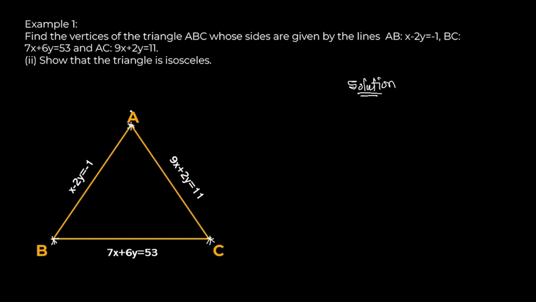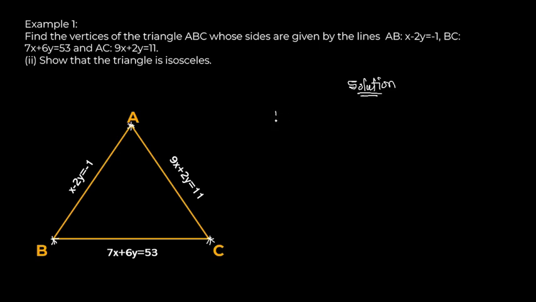So, for instance, if we want to find vertex A, we need to solve the equation x minus 2y is equal to -1 and 9x plus 2y is equal to 11, as these are the two lines that meet at this point to give us vertex A. So let's go ahead and look at that.